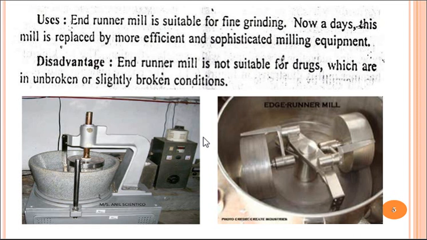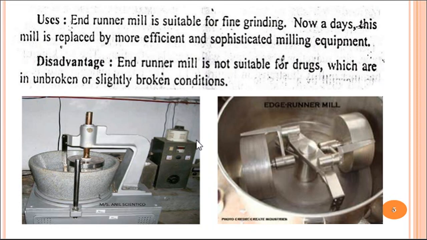So if the material is already broken, or in slightly broken condition, sometimes it will slow down the process of size reduction, or it may be a kind of wastage of energy or time, depending on the material which is going to be processed.